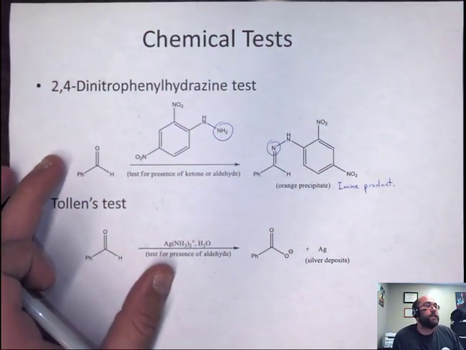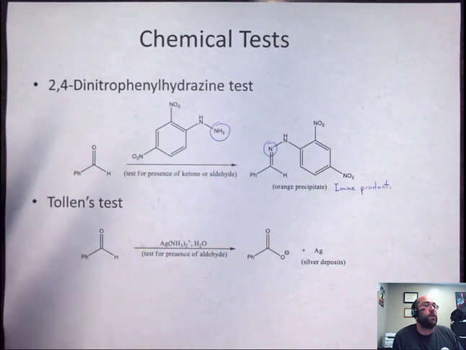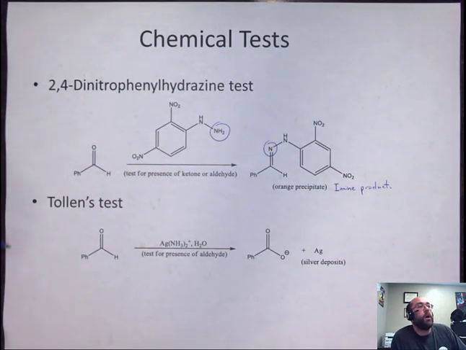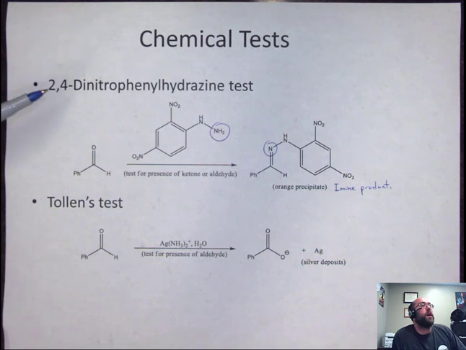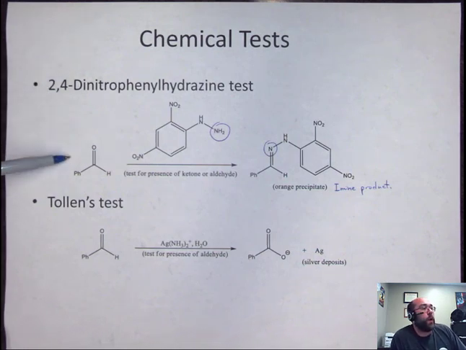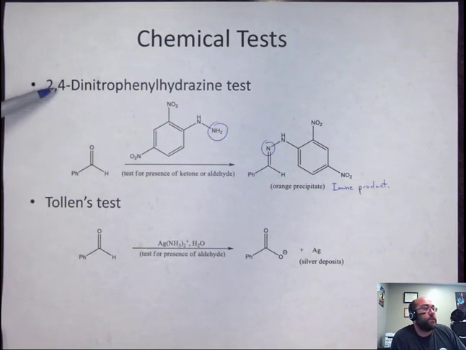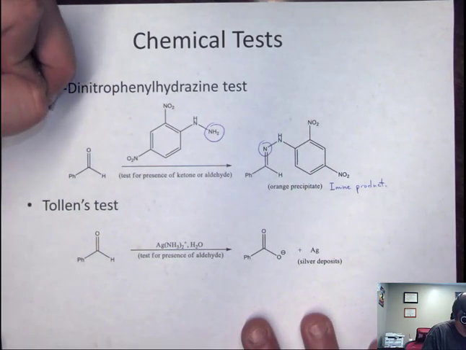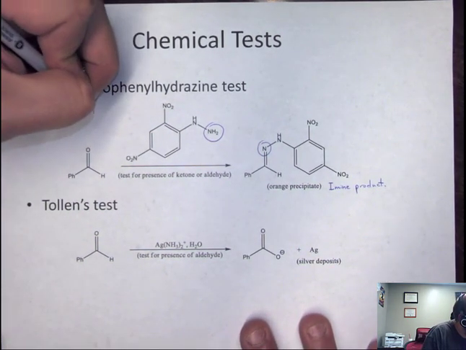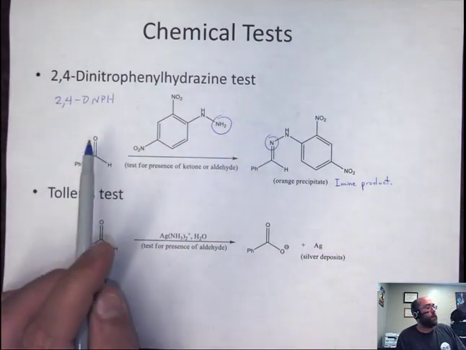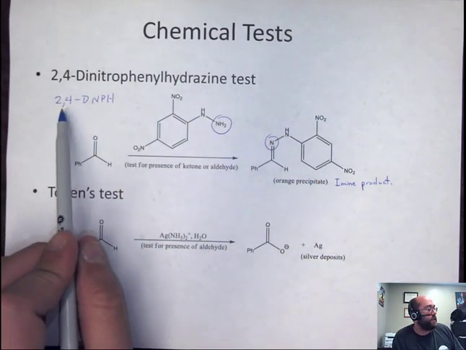Looking at chemical tests, for anyone who has already looked at the organic 2 tests that are in the student project or even scattered throughout some of our other experiments, you have a chemical test for aldehydes and ketones where you use 2,4-DNPH, dinitrophenylhydrazine.